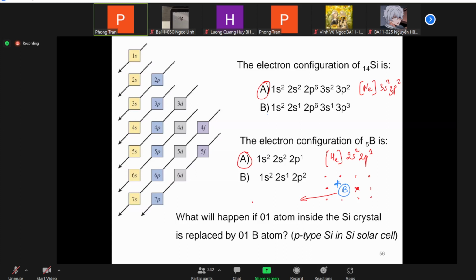Now, what could be the electron configuration of nitrogen? You know that nitrogen is 7. So what could be the electron configuration? You will have the same helium, and you have 2s2, 2p3. Okay.